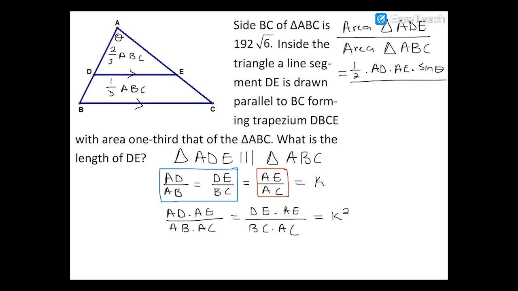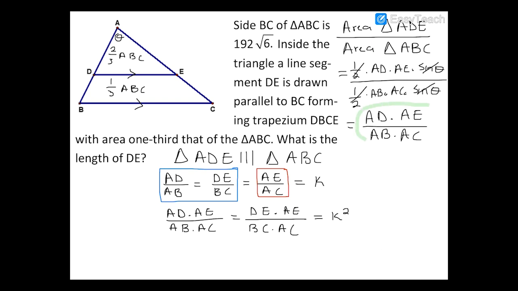That will be divided by half AB multiplied by AC multiplied by sine theta. So from here, half cancels the half, sine theta cancels sine theta, and we are left with AD multiplied by AE divided by AB multiplied by AC. But look at what happens.